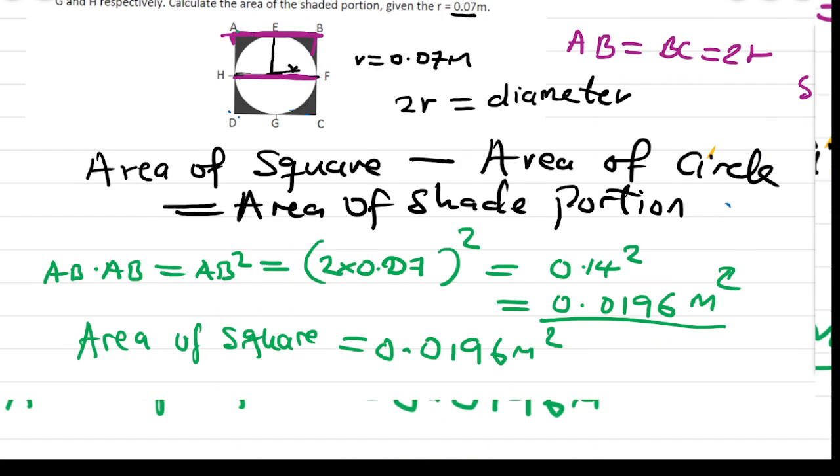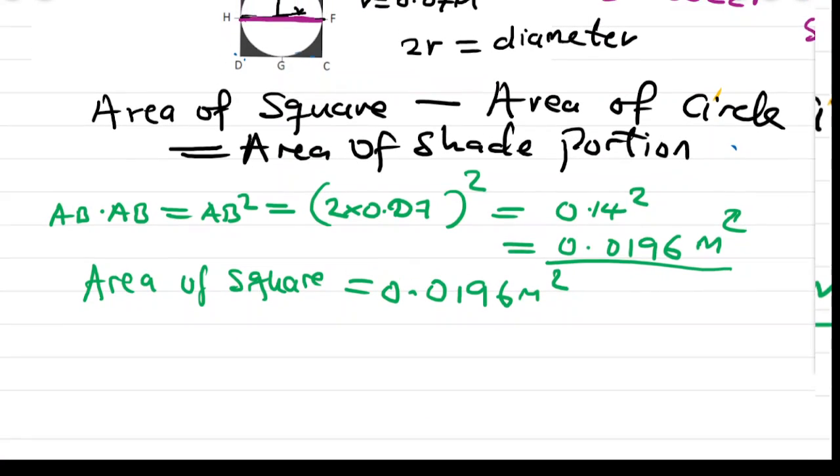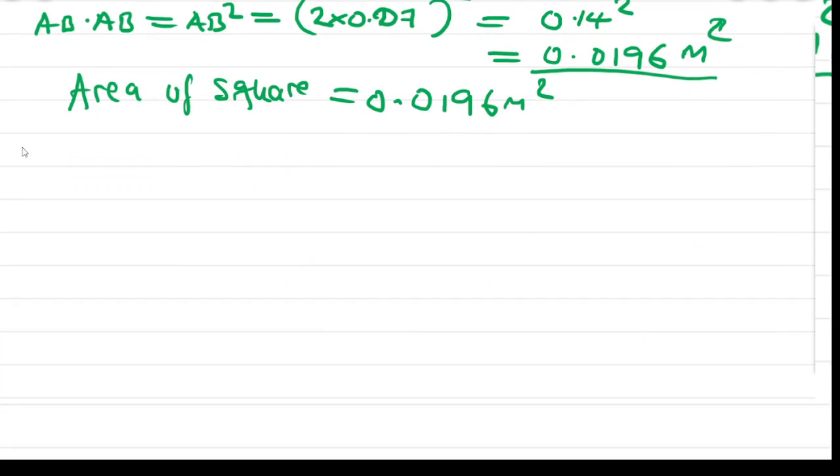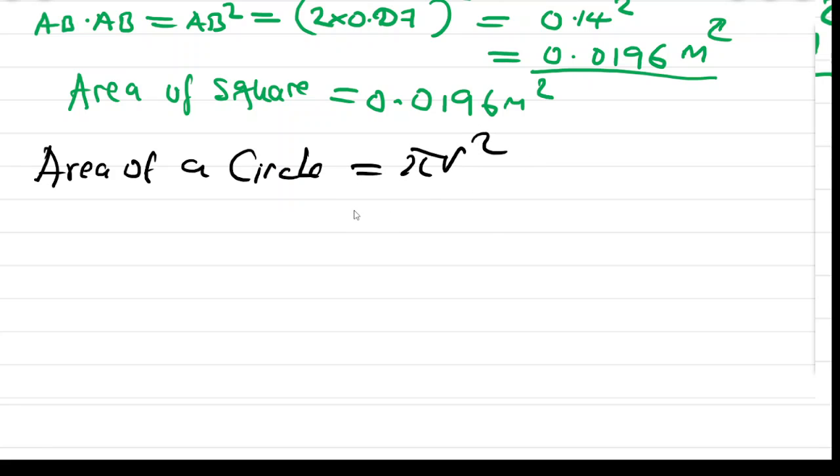Now let us find the area of the circle. First of all, note that for this circle, the area is pi r squared. So the area of a circle, let me write it in black, is pi r squared. This pi is 22 over 7.